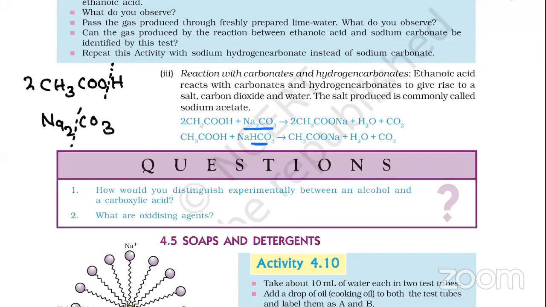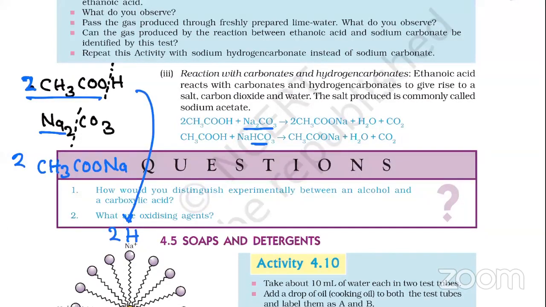Okay, so you are combining this part and this part, so you will get 2 CH3COONa, and now you have CO3 and H. How many hydrogens do you have? Because you have 2 here, you have 2 hydrogens. So you are left with 2 hydrogen, 3 oxygen and 1 carbon.